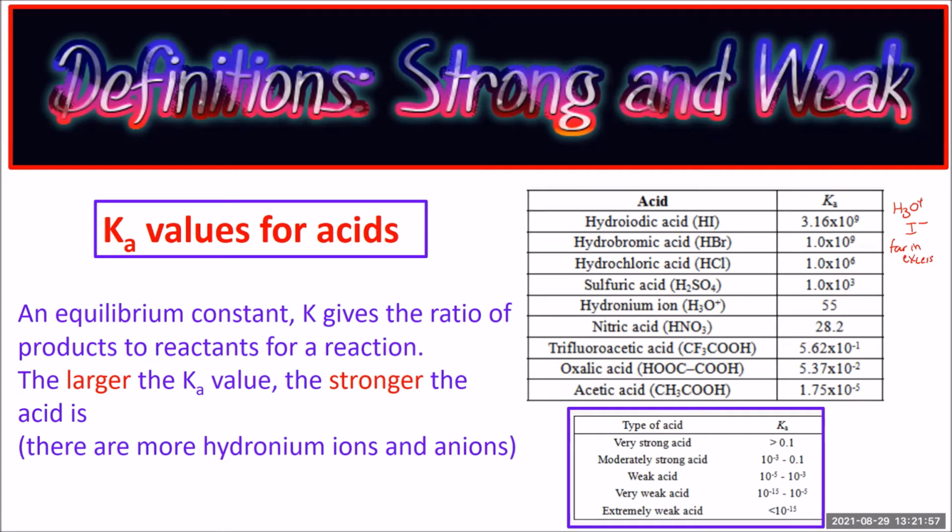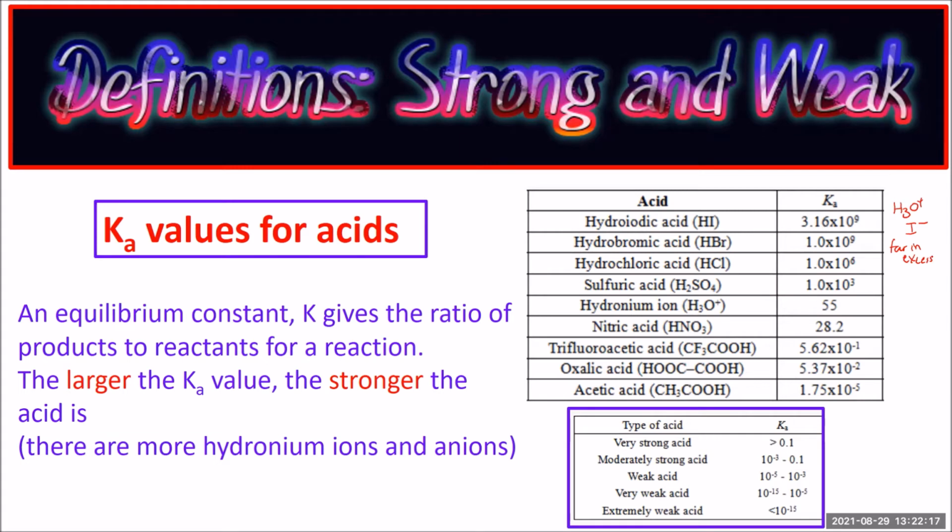And in fact, for our strong acids, we tend to assume that they have completely ionized. We assume that they've gone to 100%. In reality, that is probably not strictly the case, but we assume, particularly for calculations, that that has occurred. So what will we expect?